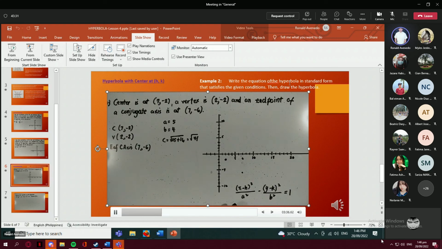Our a is the denominator of x because our focal axis is horizontal.